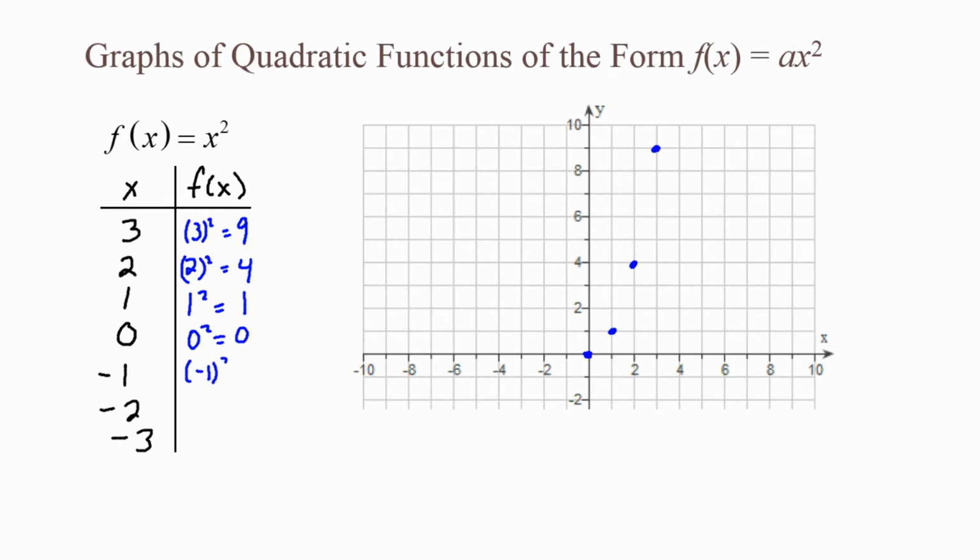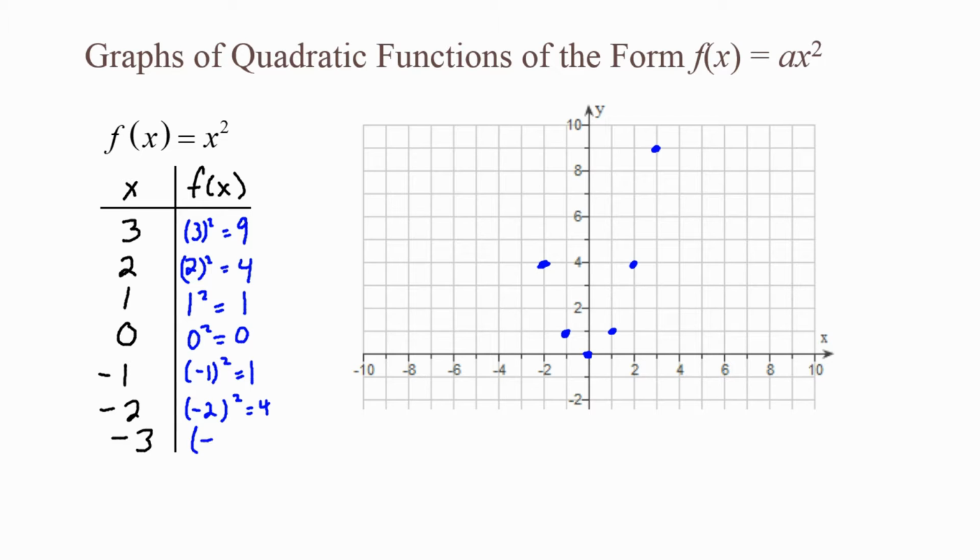-1 squared is 1, so I have the point (-1, 1), which is symmetric to (1, 1). -2 squared is 4, so I have the point (-2, 4), which is symmetric to (2, 4).